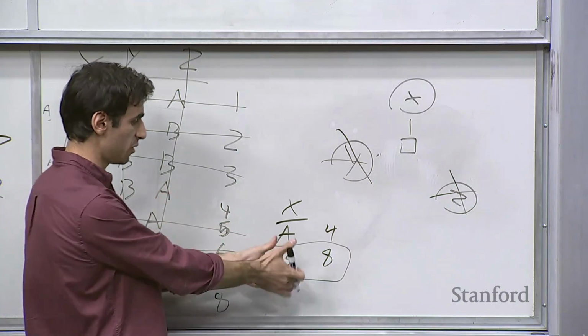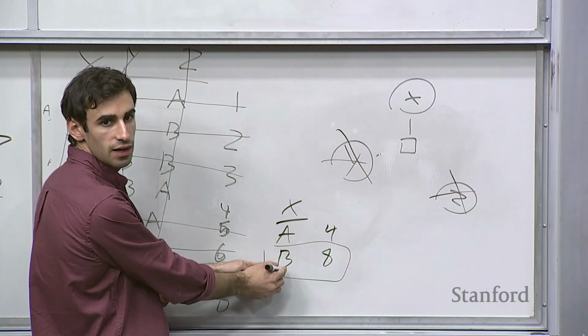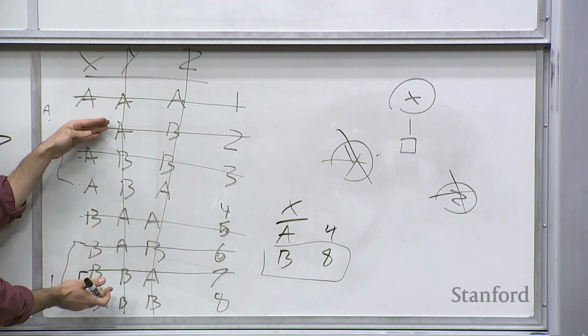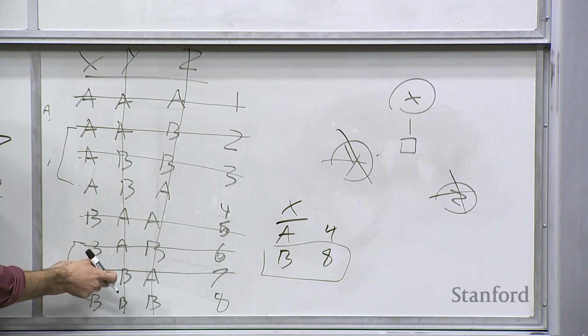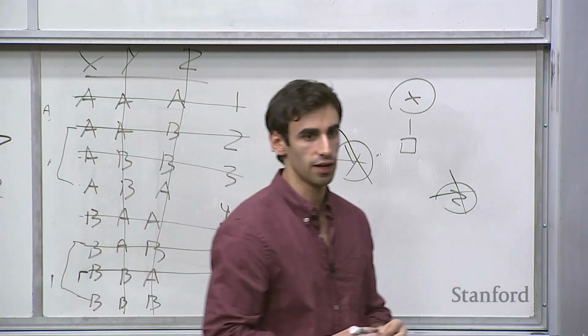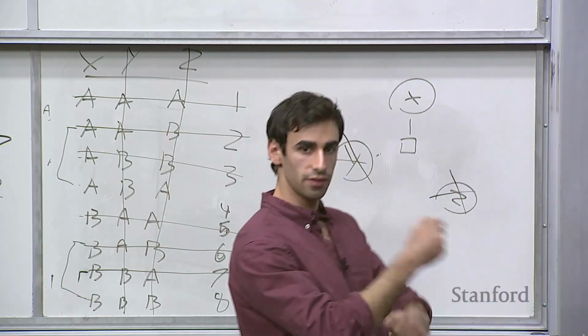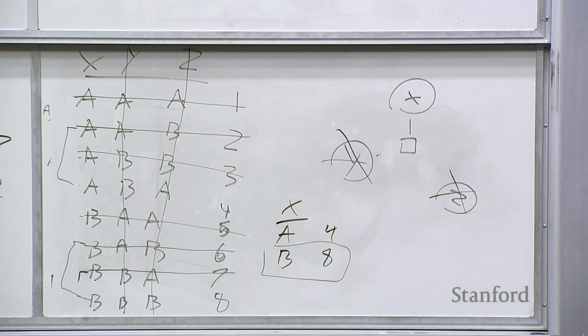We've gone forward and eliminated, and now we can go backward to say, OK, x is b. Now that we've decided x to be b, we look at our old table and ask what was the best value of y that gave us that decision? Once you go forward to eliminate, you get your solution, and then you go back and read off the values as you go. Yeah.